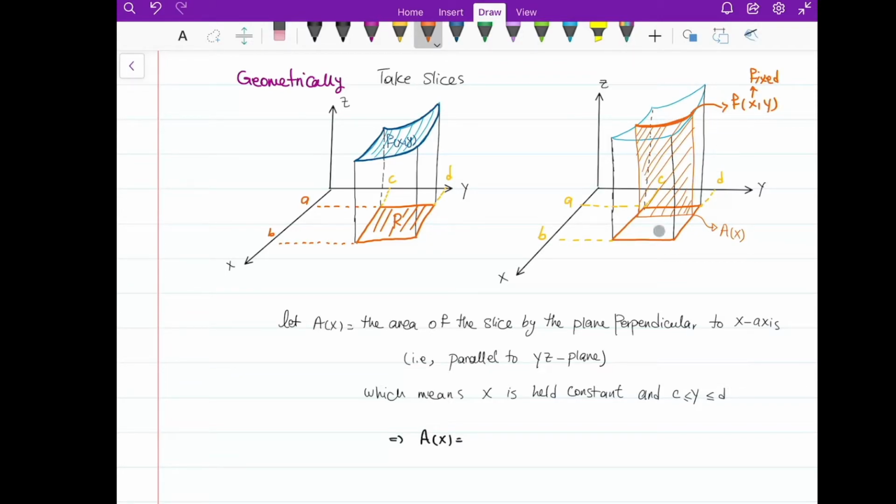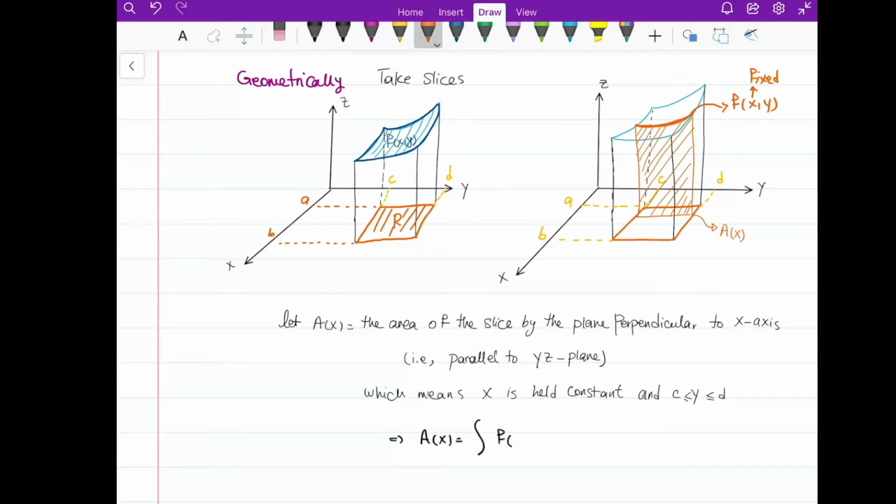So x is fixed, and so I get exactly what we did in one variable calculus.